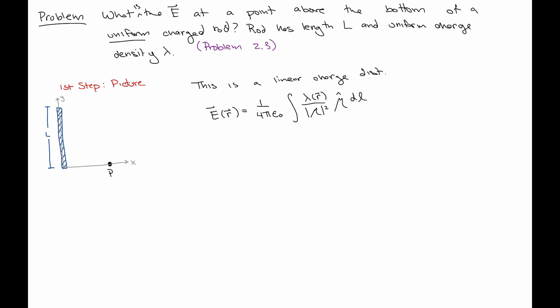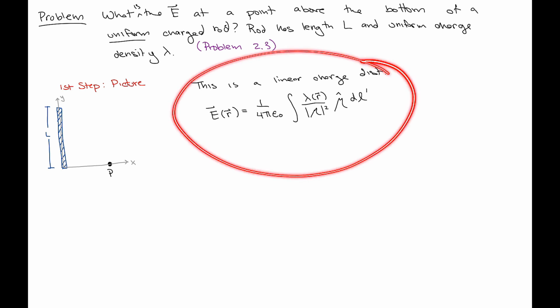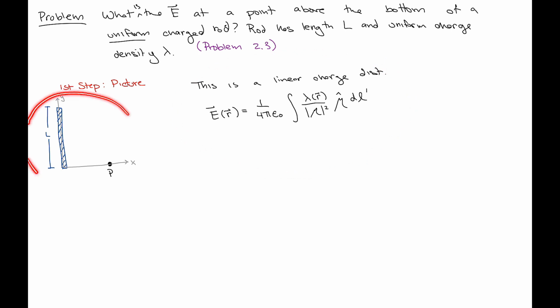And now I need to transform the integral. Basically, I've got this integral, and I need to figure out how to solve it with this picture here. The first step is to draw some of the relevant things in the integral in your picture.